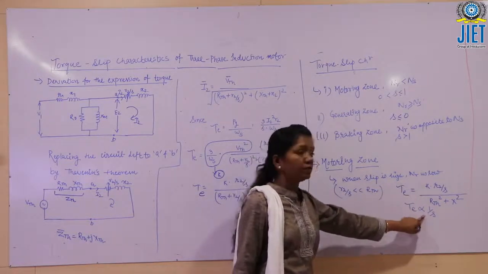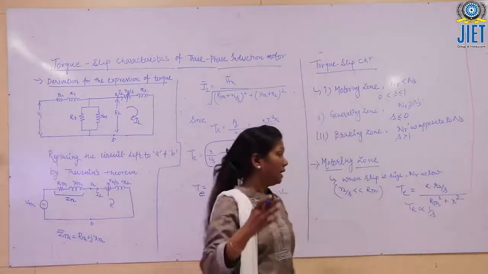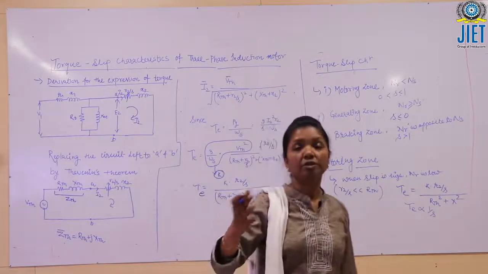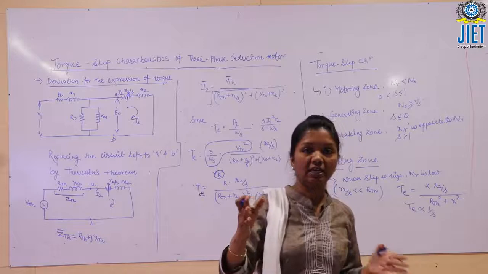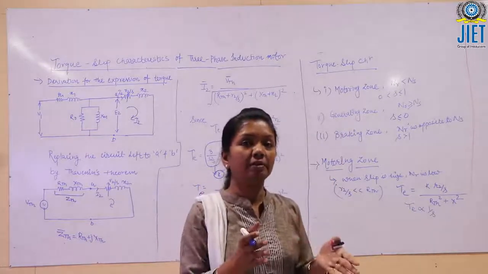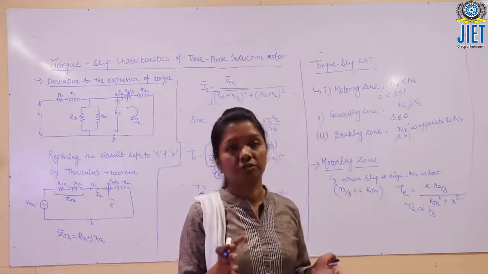The torque is inversely proportional to S. That means as the slip falls, the torque increases, or as the slip increases, the torque falls.